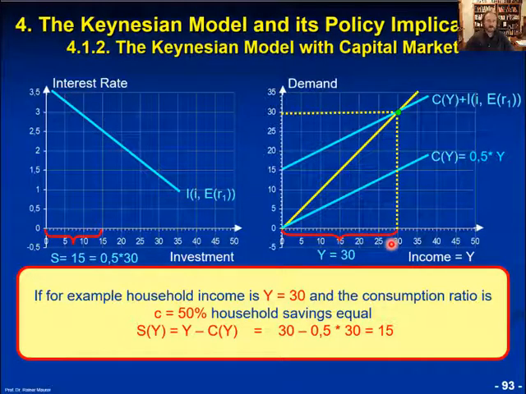So the savings supply curve is a vertical line on the capital market, whose position depends on the equilibrium GDP level and the savings, or respectively the consumption ratio.